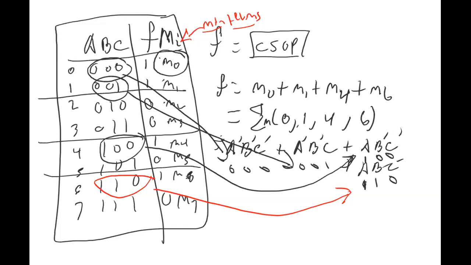Questions about min terms? Let's see how it relates to logic. A and B is a product term.